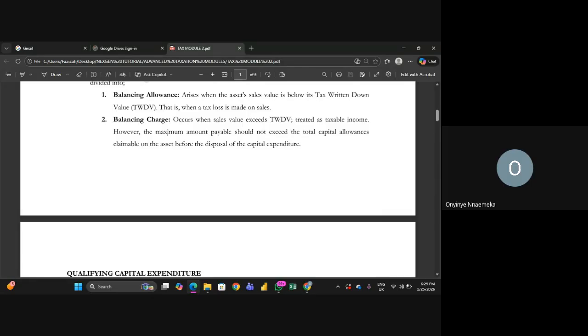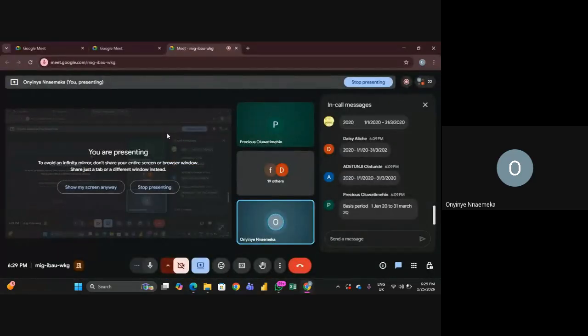It means that you made a profit of 350,000 naira on that asset, which is supposed to be your balancing charge straight up. But because of this restriction, your balancing charge should not exceed the total capital allowance that you have claimed on the asset, which means you are going to restrict that 350,000 to 250,000 naira. So in your CIT computation, your balancing charge will now be 250 instead of 350. Do we get it?